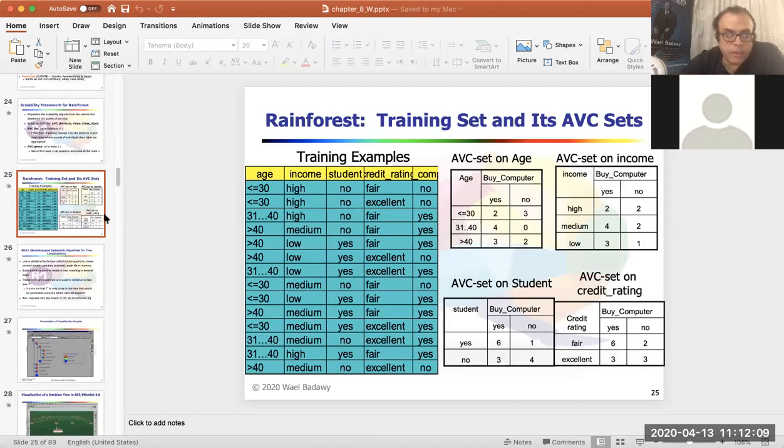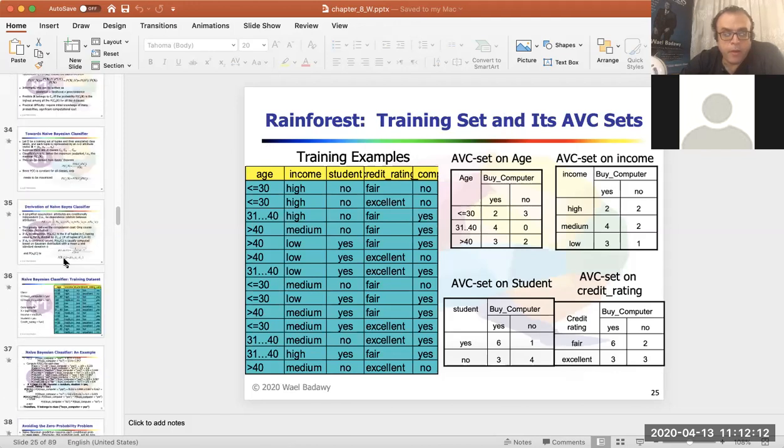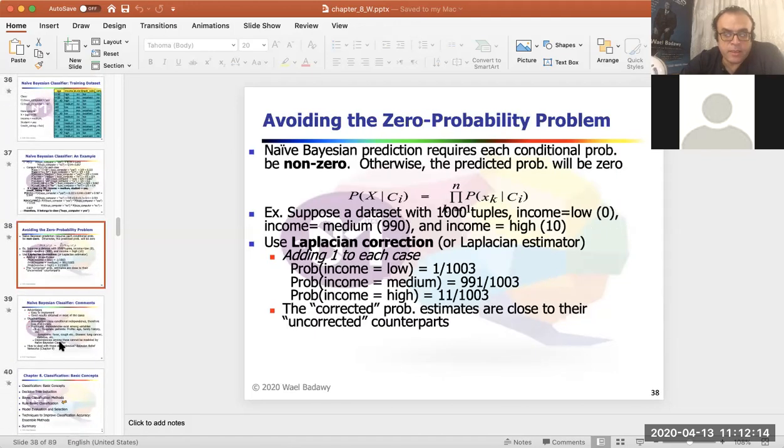This population of zero may create a problem once we start the computation. So basically, what we will do here is add one to each case. So the probability of income low will be one, not zero.